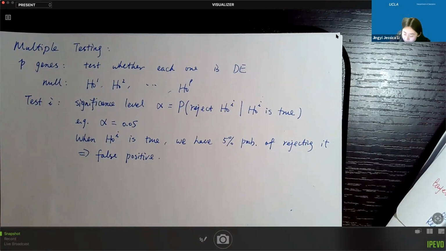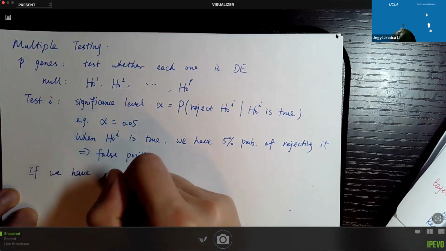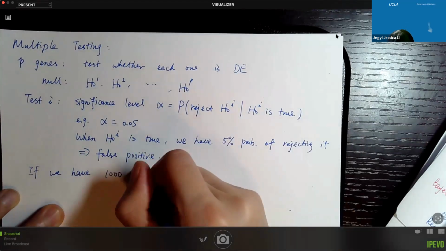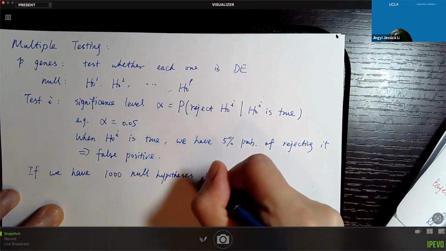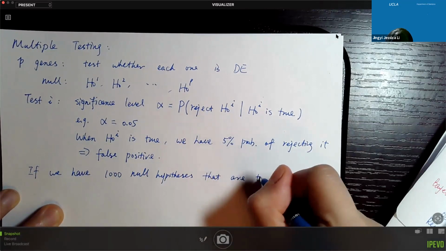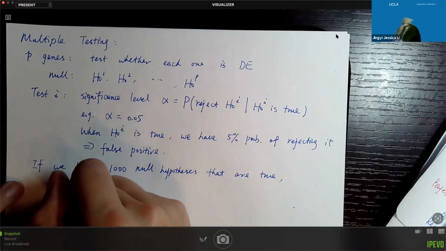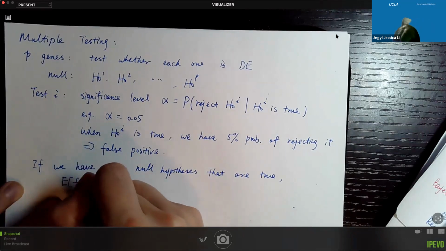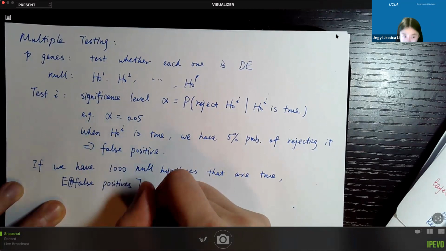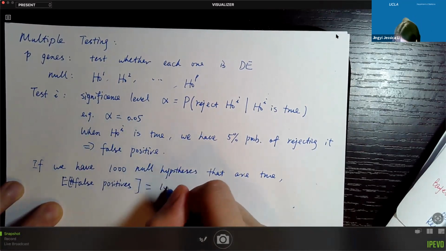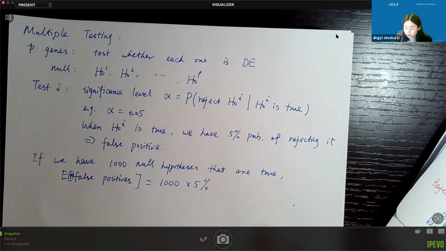So let's say that we have 1,000 null hypotheses that are true, then how many false positives will we have? Then the expected number of false positives would be 1,000 times that 5%, because each one has a 5% probability of being rejected.